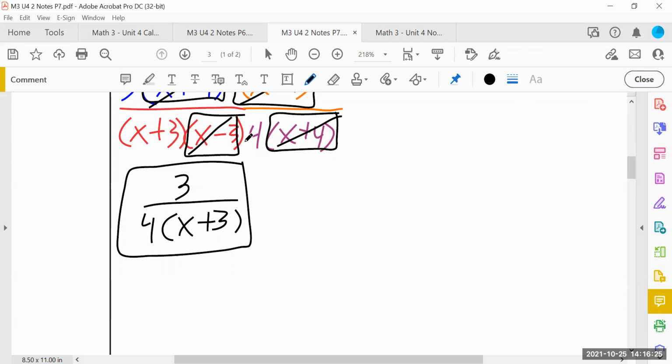Now, the notes, unlike the homework, the notes tell you that we're going to find the excluded values. So real quick, looking at the bottom of our fraction, our excluded values are -3, right? -3 would make this one 0, +3, and -4.